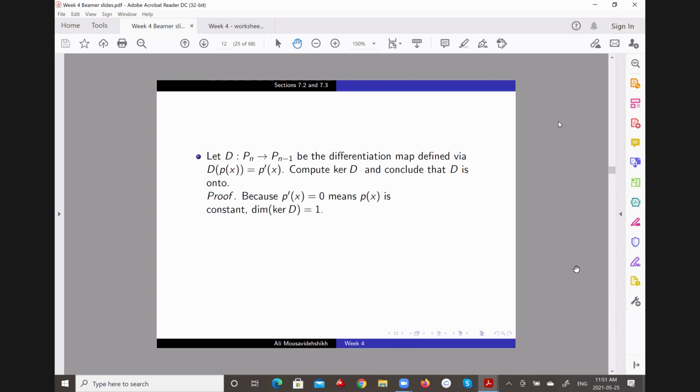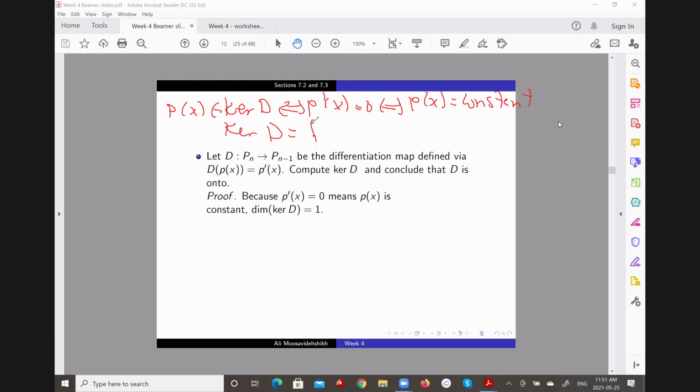So in other words, the dimension of the kernel of D is 1. Why? Because P of X, to be in the kernel, this tells me that the kernel of D consists of only constant functions.